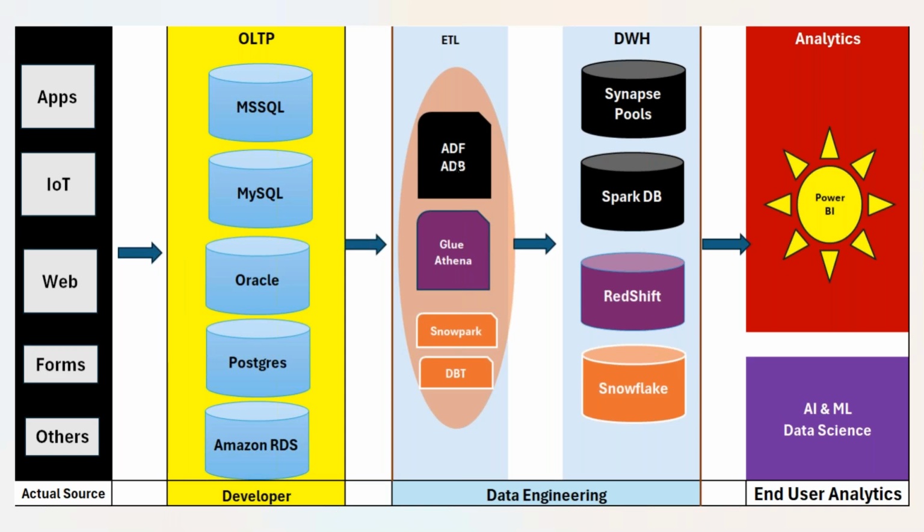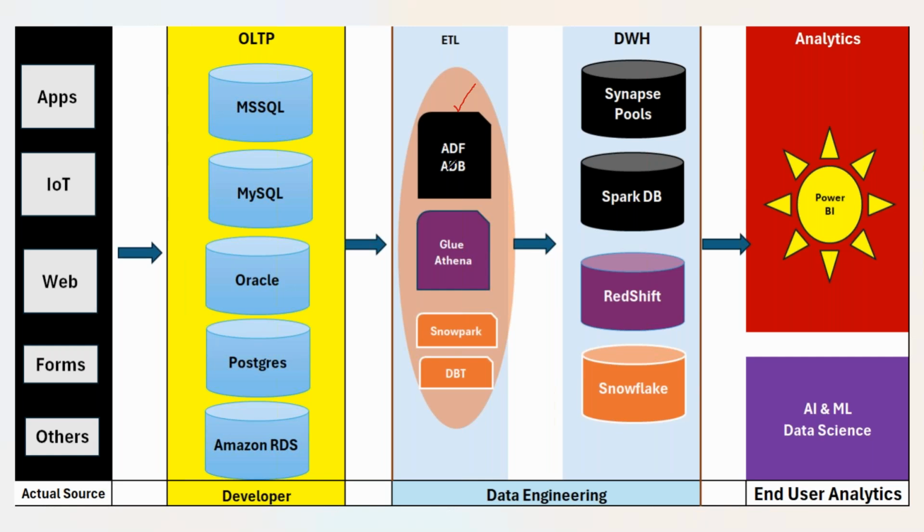Azure Databricks is open source ETL. Remember. From Amazon we have Glue and Athena, part of AWS data engineering, and for open source there are Snowpark and Databricks. Our course is in this box: Azure Data Factory and Azure Databricks.